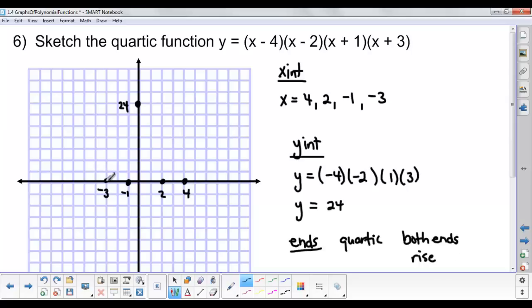So I know that both ends rise, so from my first and last root, lines will come out of it and go towards positive infinity, and then it's just connecting the dots. So I'll connect the 3 and the negative 1. I'll try my best here on my tablet. And there we go.